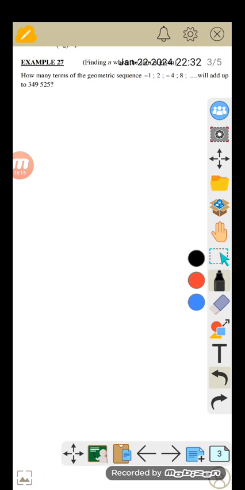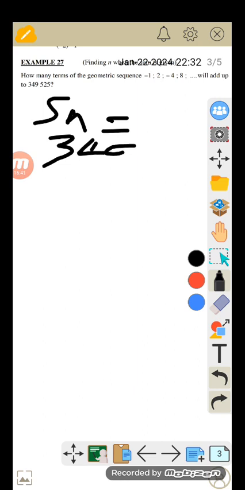You see guys, they already gave us the value for the sum of this sequence. They just already gave us our Sn. Our Sn is 349,525.